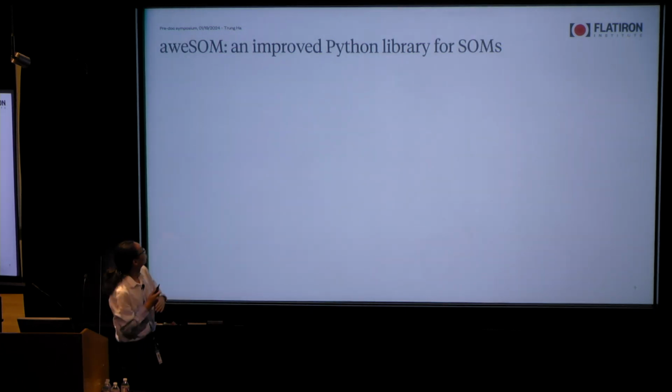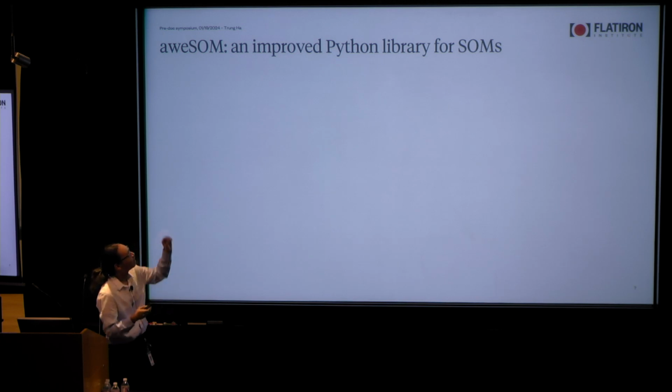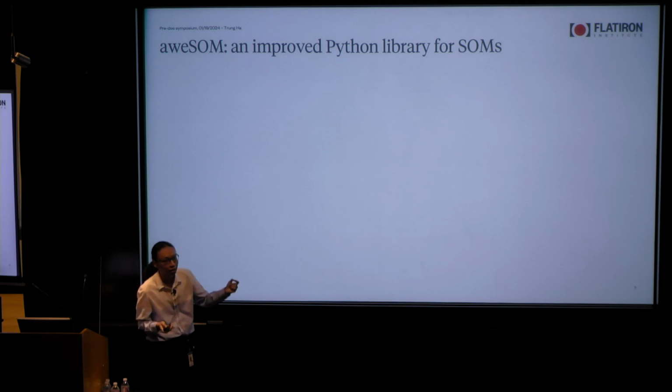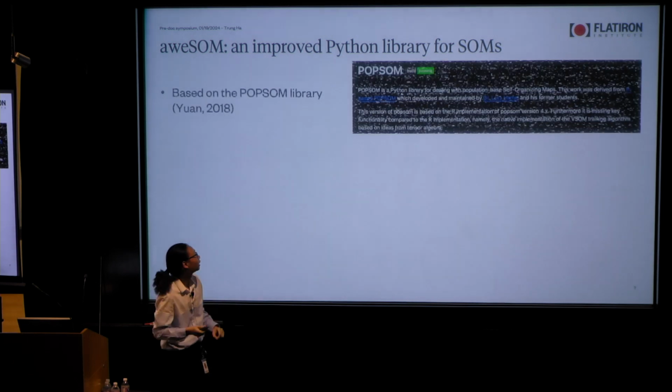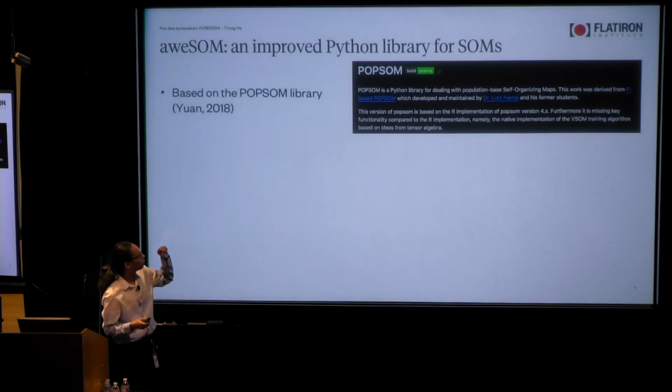Okay, so now, Awesome. Why do we call it Awesome? Well, this is an improved Python library for SOM. I rewrote the PopSOM library, which was previously written by Yuan in 2018.